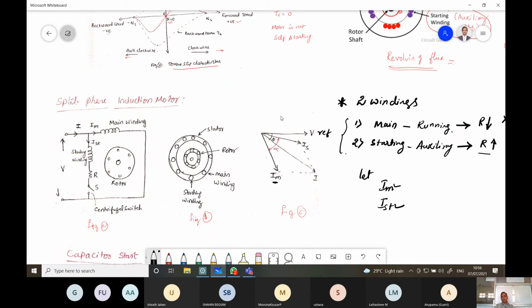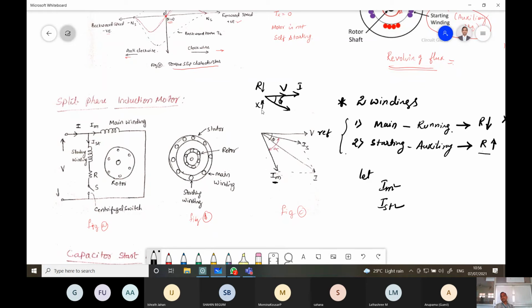Whenever the resistance is high, the voltage and current are almost in the same phase. If it is a purely resistive circuit, voltage and current are in the same phase. If resistance decreases and reactance increases, what happens? As reactance increases, you will get an angle.